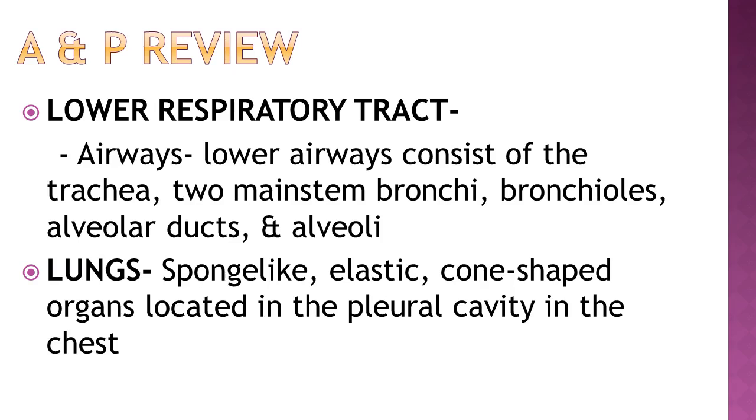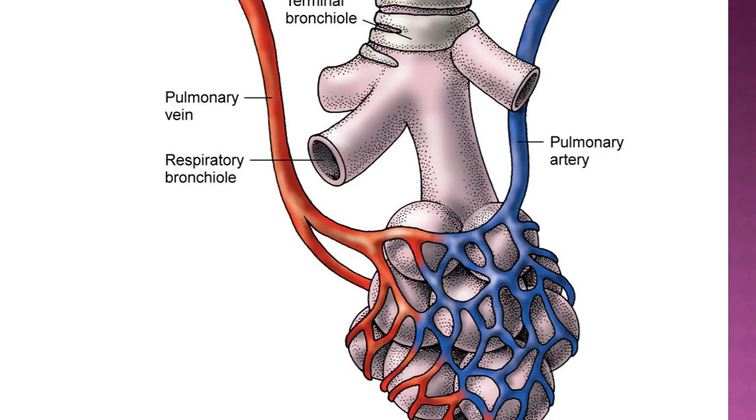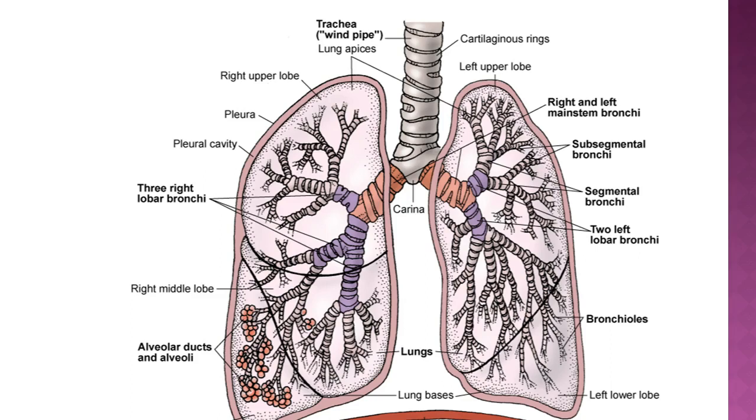There should be a little bit of fluid in there to prevent friction, but sometimes we see accumulation of pleural fluid, and our patients may have, again, a compromise in their respiratory status. And this, again, is the alveoli and the capillaries. And remember, when we talk about the structures of the lung, on the right side we have 3 lobes as opposed to 2 lobes on the left side, okay?